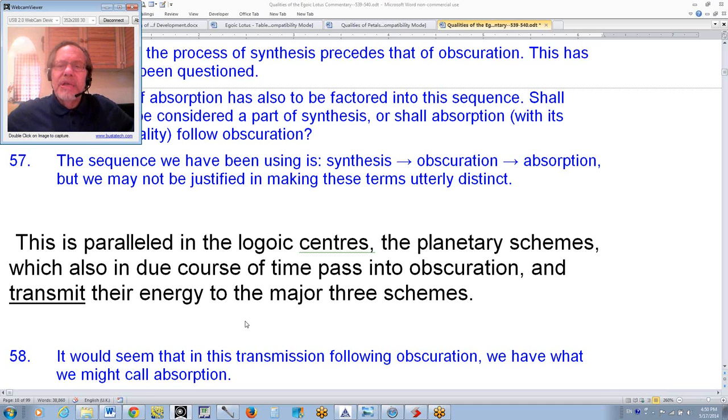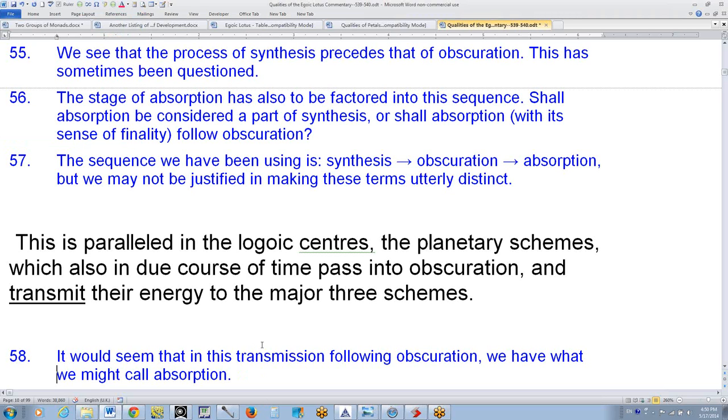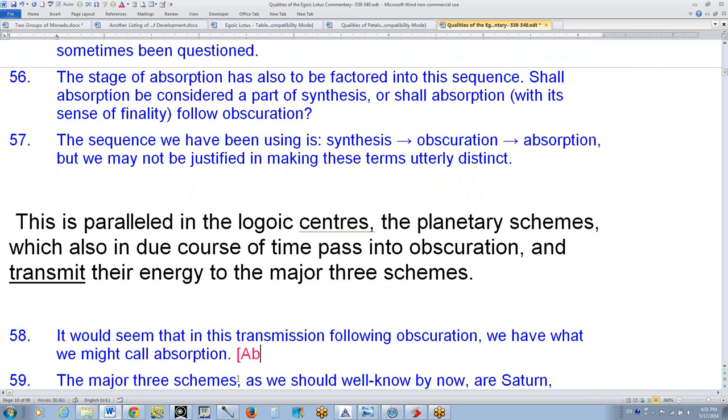So in the planetary schemes, they also pass into obscuration and transmit their energy to the three major schemes. So it would seem in this transmission following obscuration, we have what we might call absorption of the lesser into the greater. We'll put that down: absorption of the lesser into the greater.